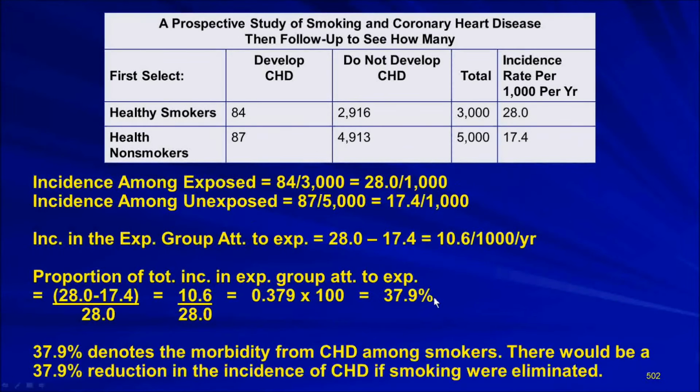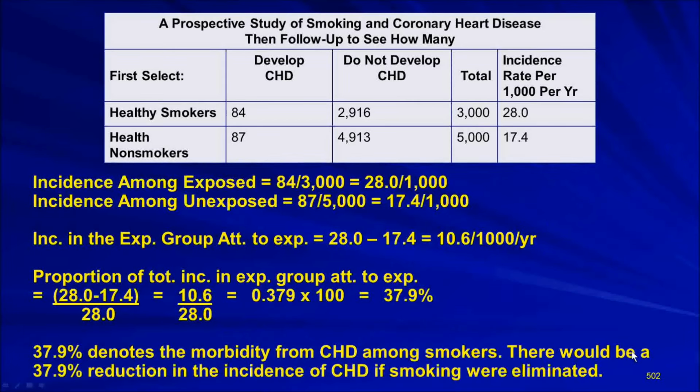I didn't emphasize that before, but you know it's a proportion, so you know it's going to be expressed as a percentage. Notice, it's a proportion if they didn't engage in the behavior. So 37.9% denotes the morbidity from coronary heart disease among smokers.